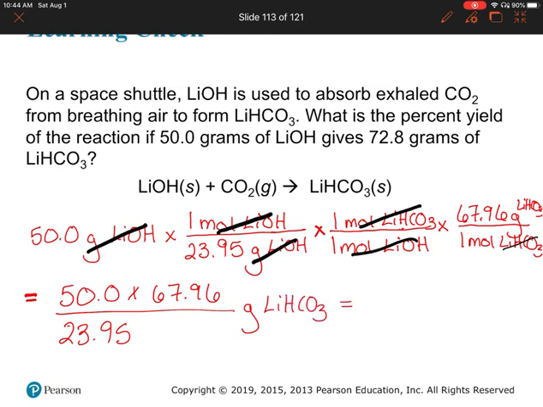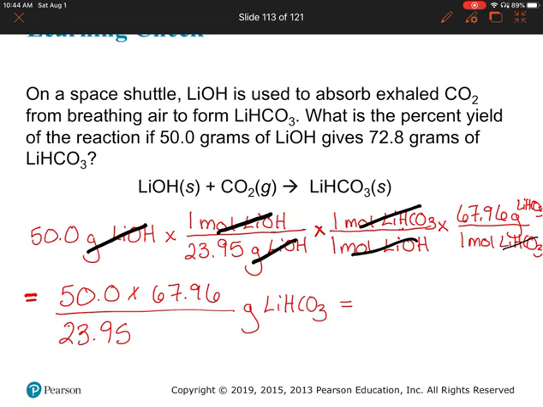All right, so let's see what our theoretical yield is if all of the lithium hydroxide reacts perfectly. Okay, so 50 times 67.96 divided by 23.95.